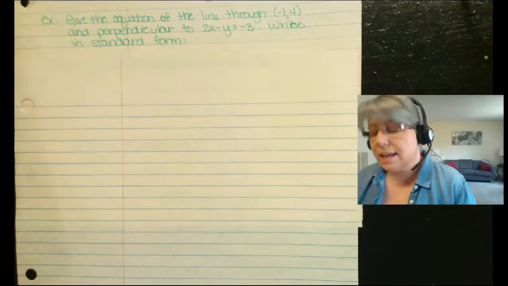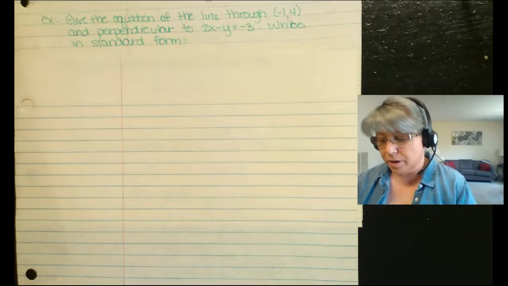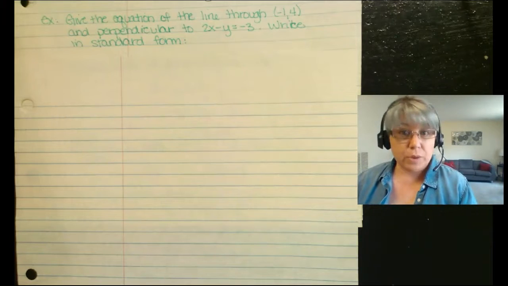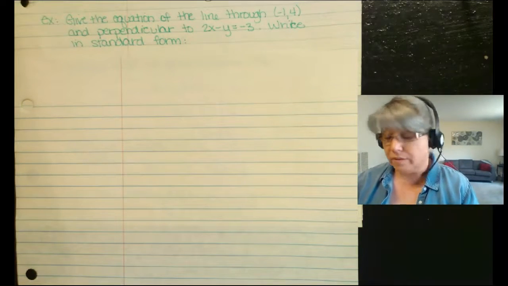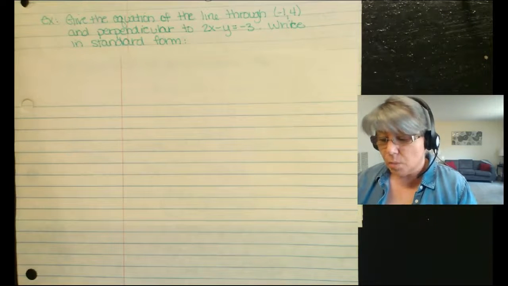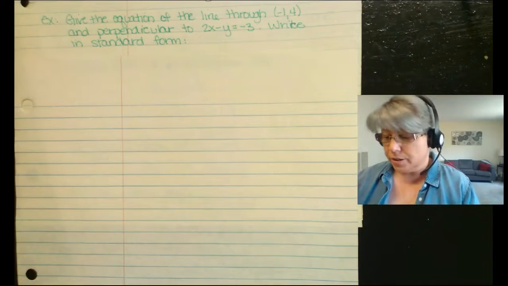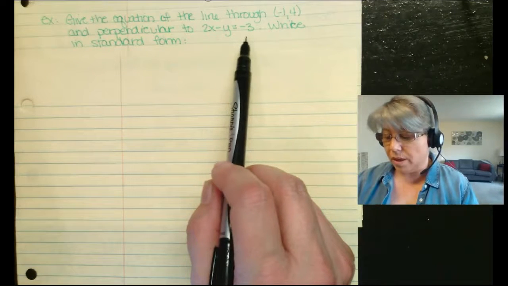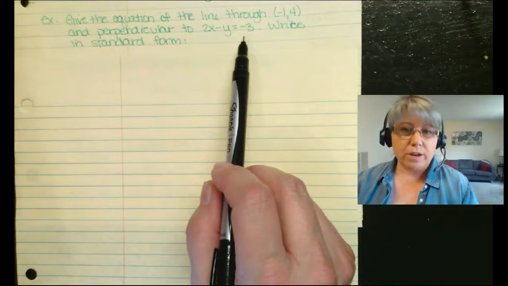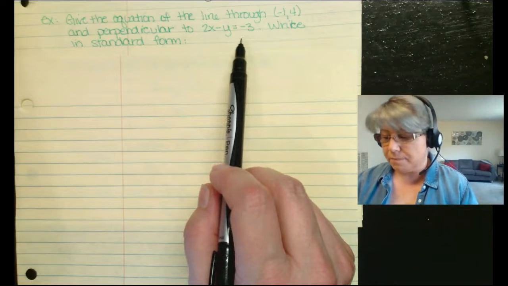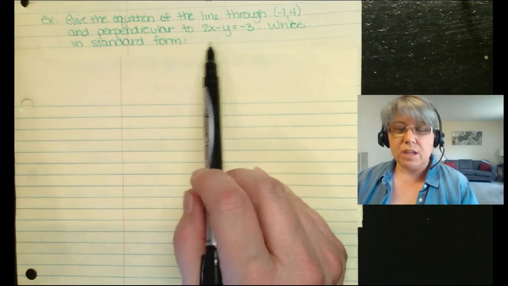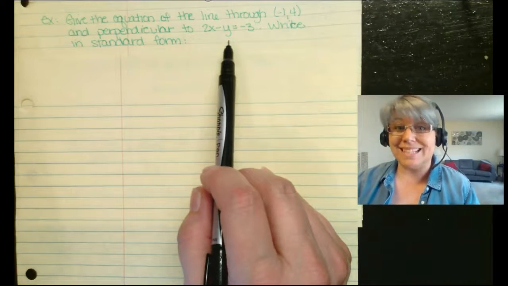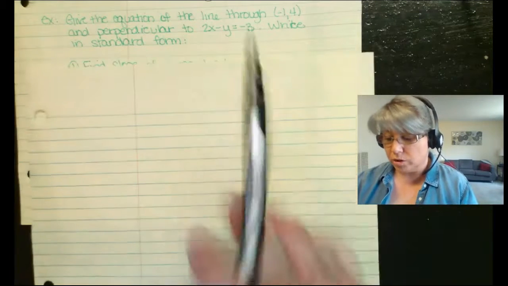All right, let's try an example where we want to give the equation of a line going through the point -1, 4, and also perpendicular to 2x minus y equals 3. And then we want to write our equation in standard form. Well, first of all, we're given the equation of a line that is perpendicular to the line that we're looking for.